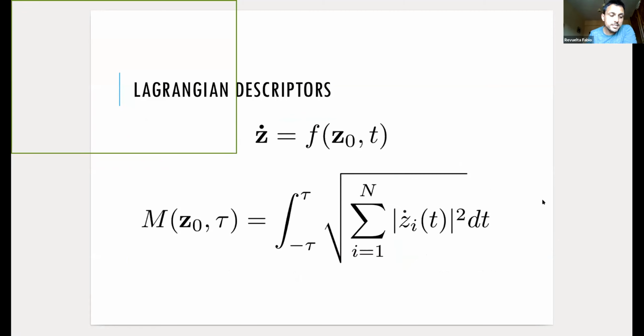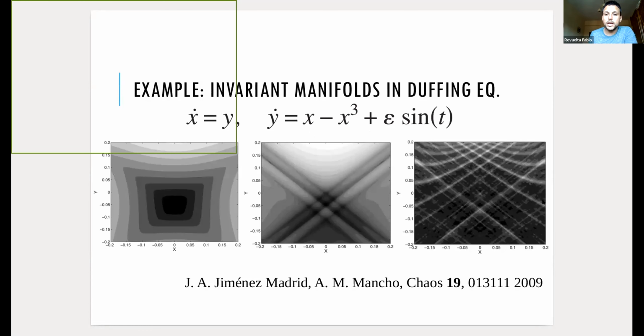And the first definition was simply that, right? You have the equations of your flow, and you just have to take the norm of them, take the square, the square root, and you integrate it over time, forward and backwards in time. And this is just a very simple example.